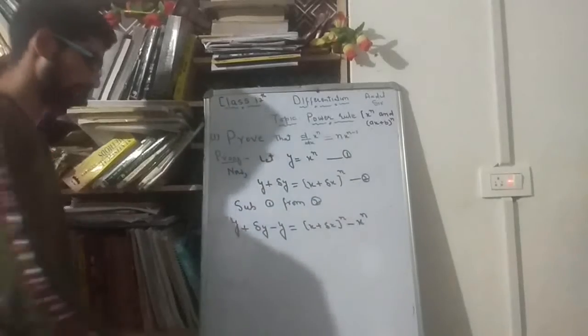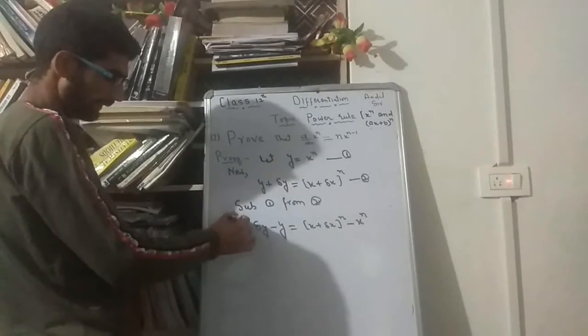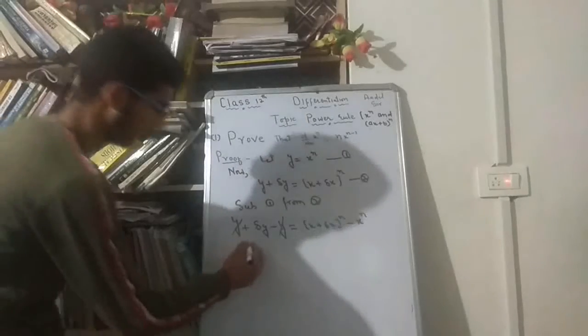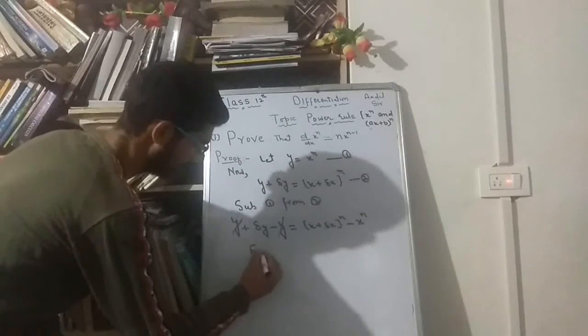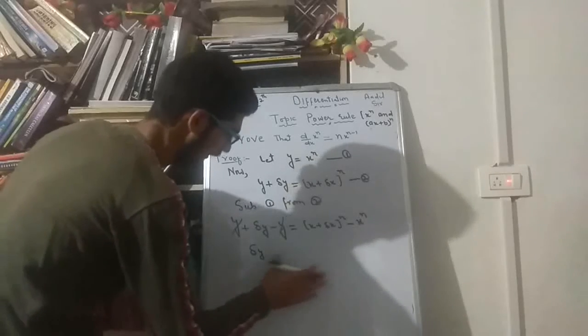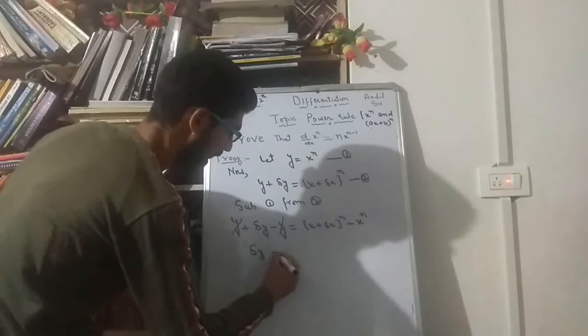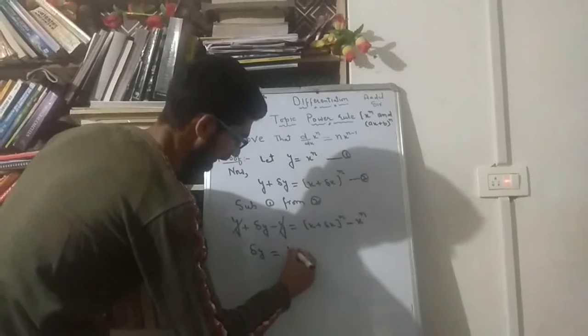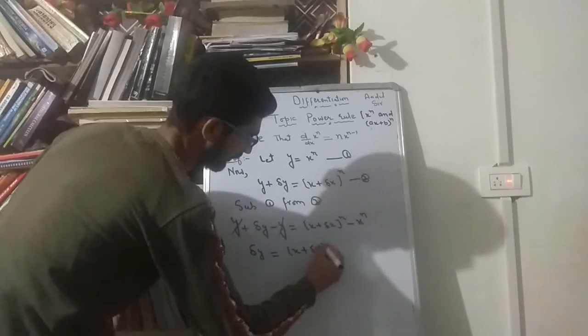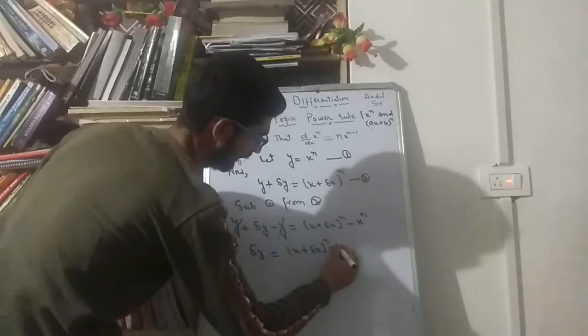Now here y and minus y get cancelled. So del y simply equals (x plus del x) raised to power n minus x raised to power n.